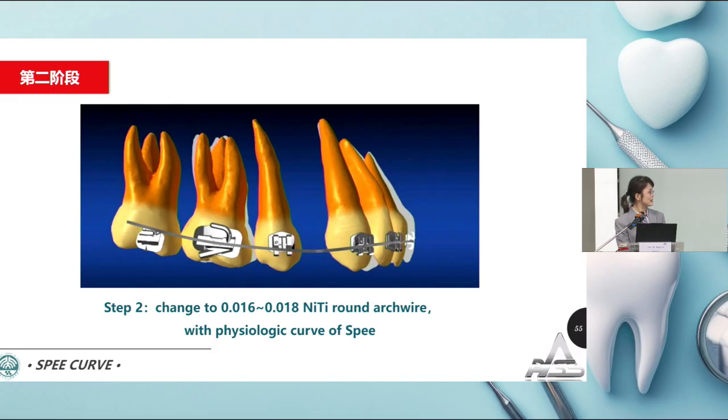In PASS technique, individualized curve of Spee can be realized by manually adjusting the curve size on the arch wire. There are 3 factors that determine the final formation of the upper posterior curve of Spee. One, the pre-adjusted backward tipping angles on posterior brackets or tubes. Two, the vertical positioning of brackets or tubes. And three, the curve size on the arch wire.